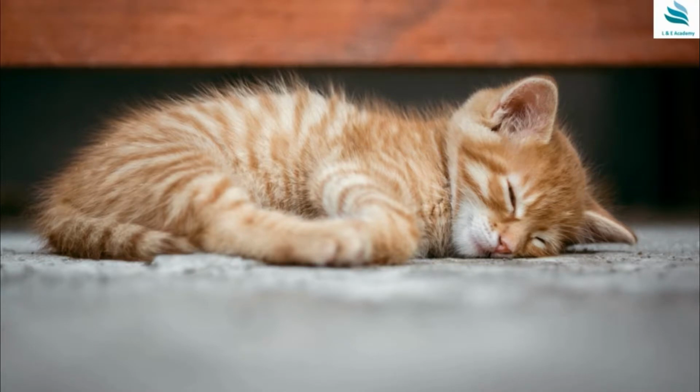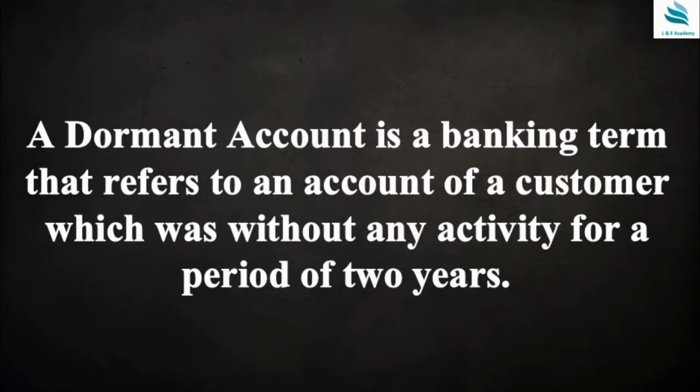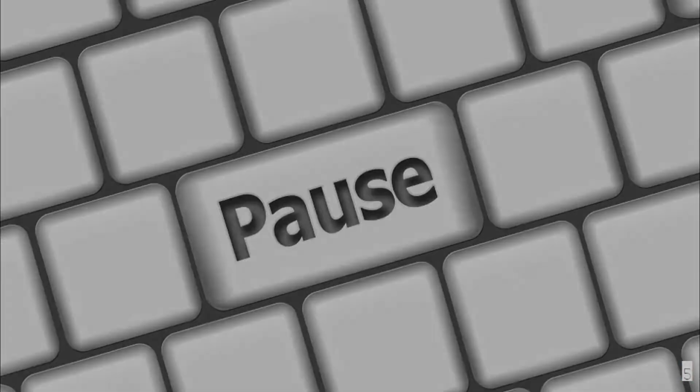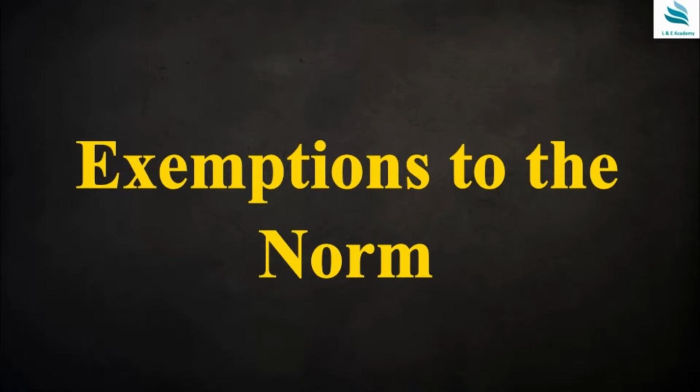Now, what are the exemptions to the norm? A dormant account is a banking term that refers to an account of a customer which was without any activity for a period of 2 years. So for 2 years, if you're not using your account, it becomes a dormant account. Now, there are certain exemptions to this rule.